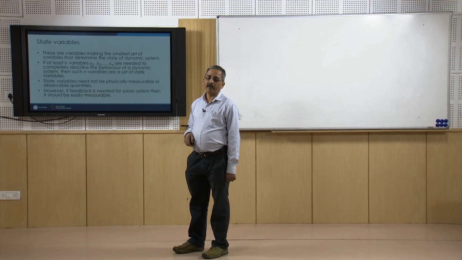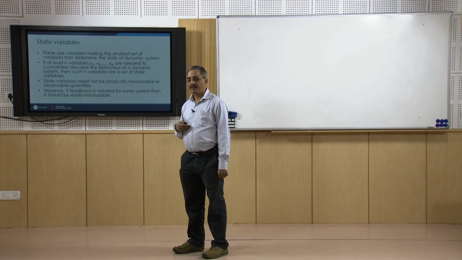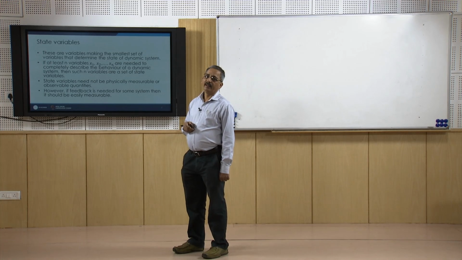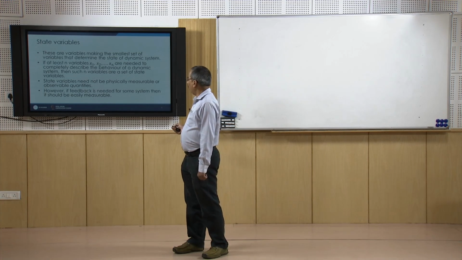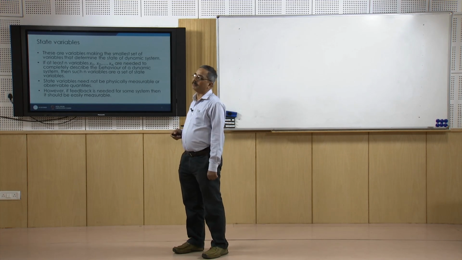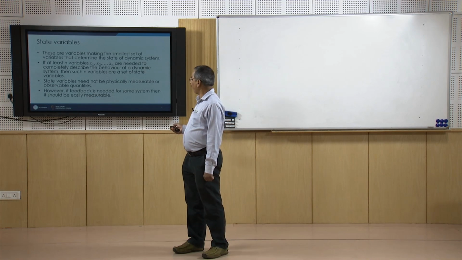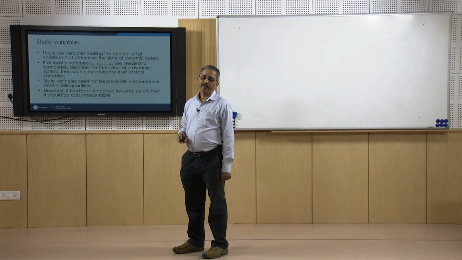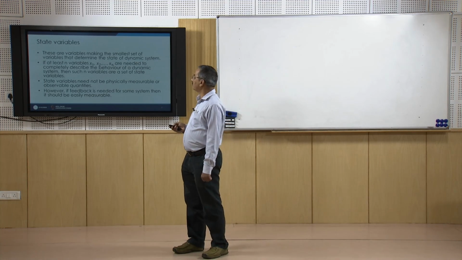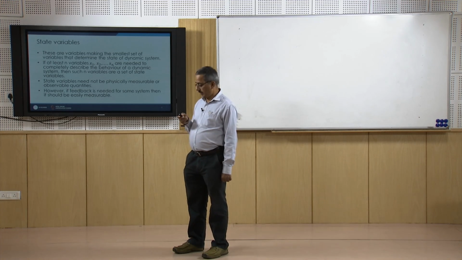But if you are trying to make a feedback system, then of course you need these state variables to be measurable, only then can you use them in the feedback system. So, if feedback is needed for some system, the state variable should be easily measurable. When we decide about the state variables, these factors have to be kept in mind.